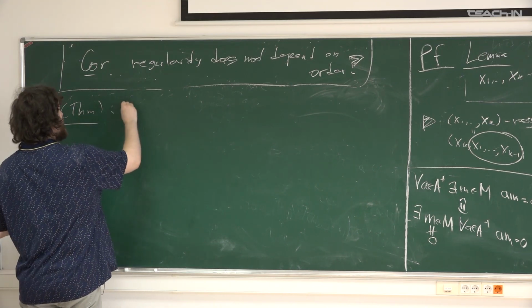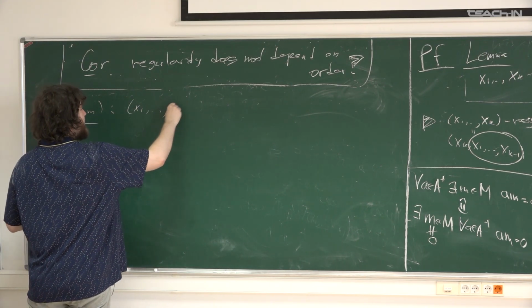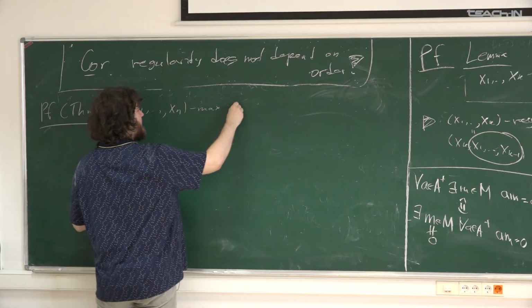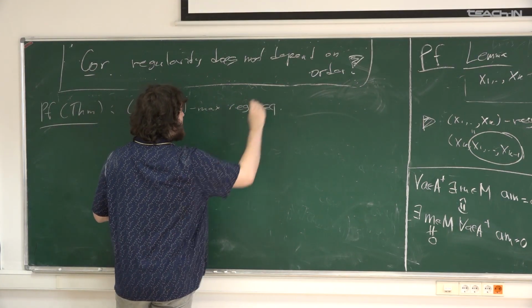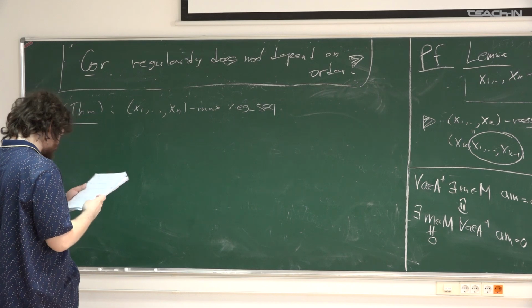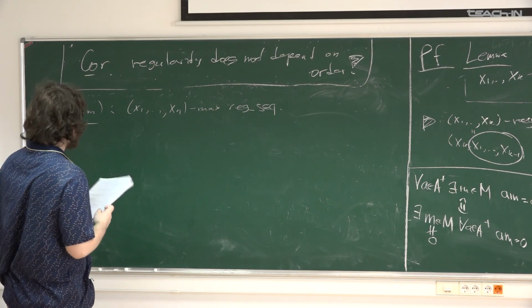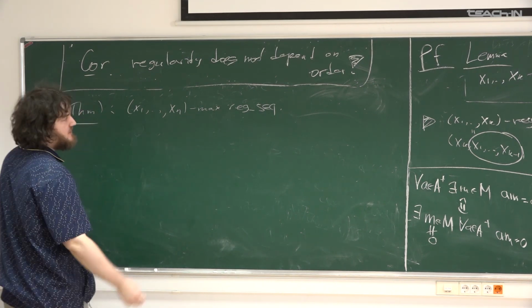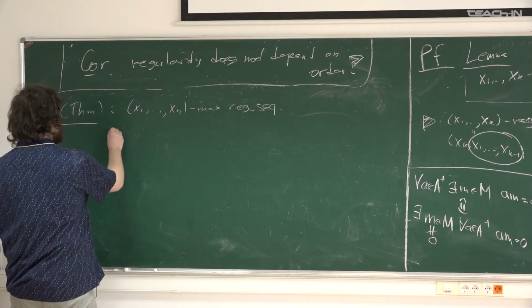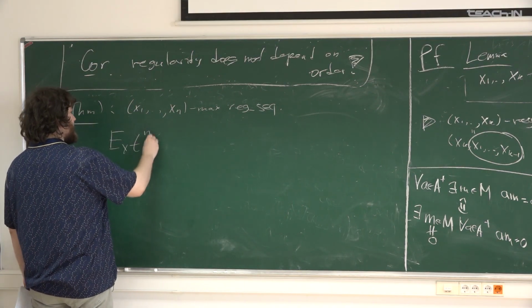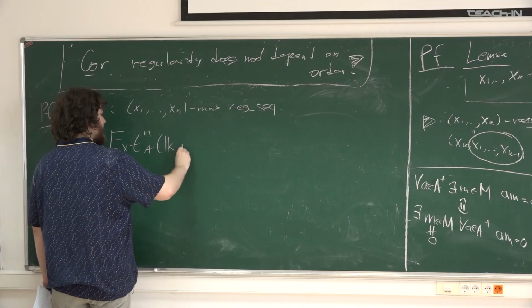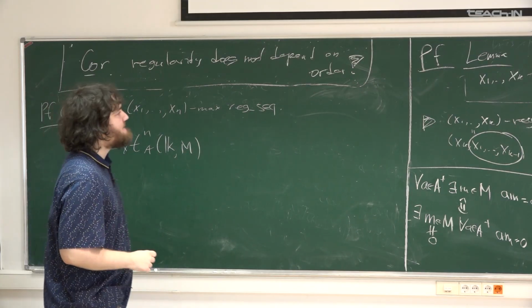Now let's assume that x1, ..., xn is a maximal regular sequence. Then it follows from the lemma, because from the lemma we know that Ext^n(K, M) is isomorphic to Hom.